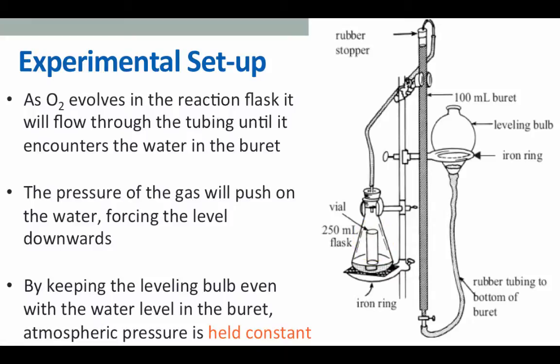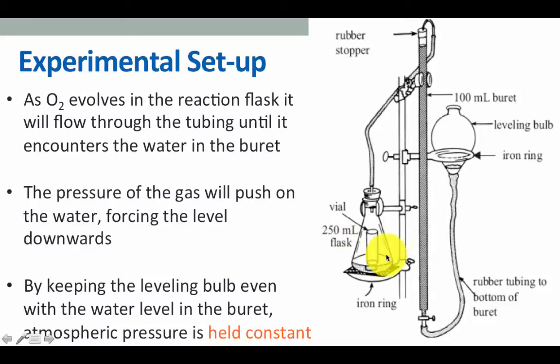Without tipping any permanganate into your hydrogen peroxide solution, you will firmly cap the Erlenmeyer and raise your leveling bulb so that the level of water in the bulb and in your burette is equal. At this point, you have achieved atmospheric pressure in all parts of your setup.